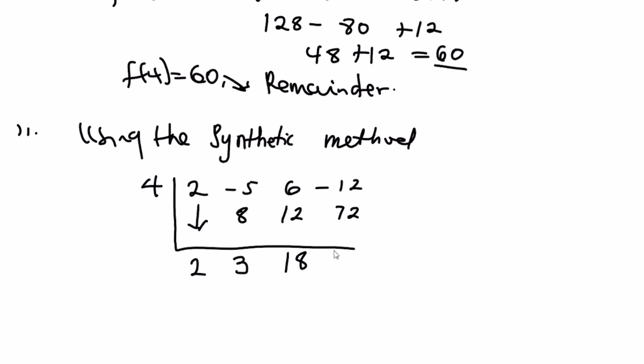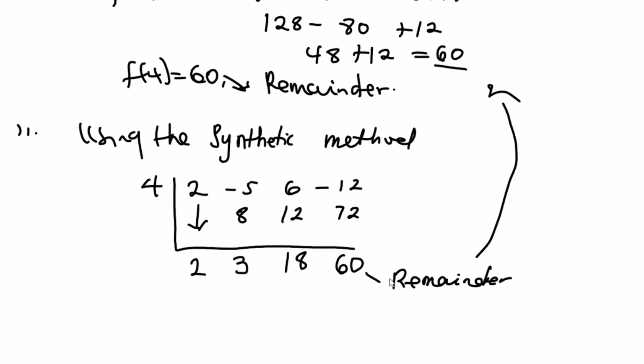Then you add, you get what? 60. And this is our remainder. That's the same thing that we had here. Yes. So the synthetic method is also possible when it comes to the remainder theorem.